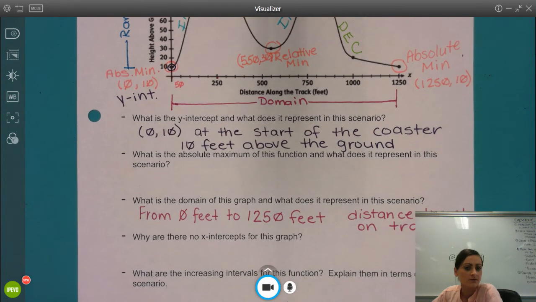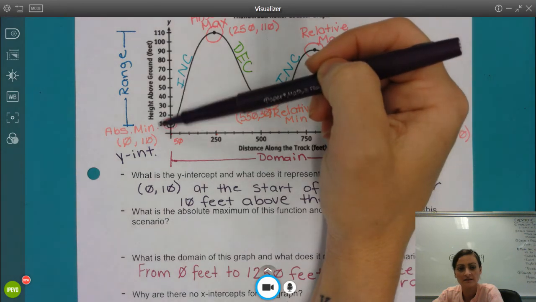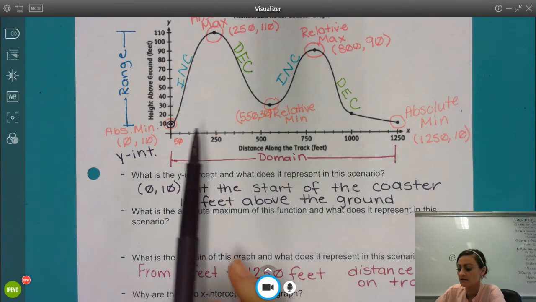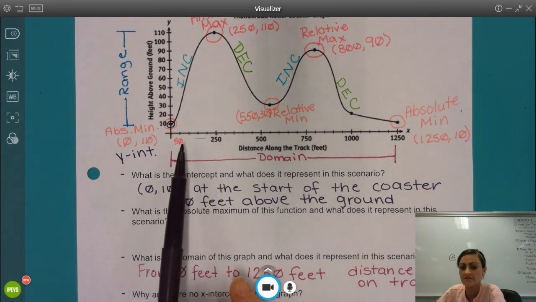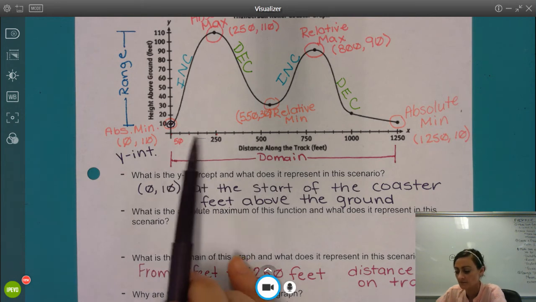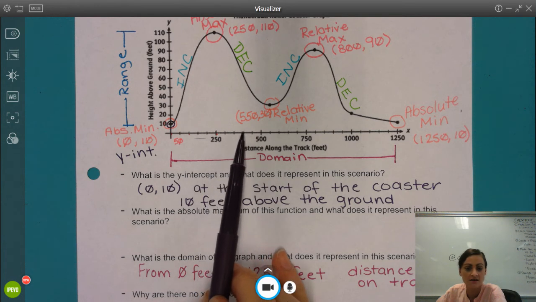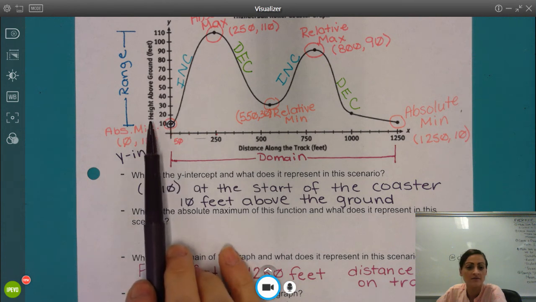Now we're talking about a roller coaster. If I'm on a roller coaster, let's look at this piece here. Yes, my horizontal axis represents how far along the track I've traveled, but if I'm on this horizontal axis here, my y value would be 0. My y value represents how high above the ground I am.